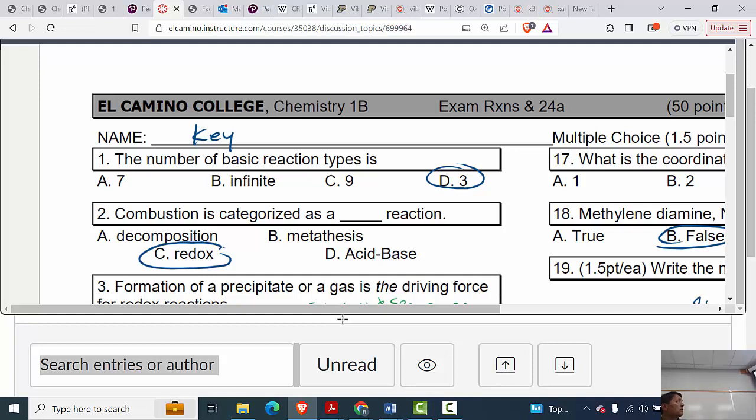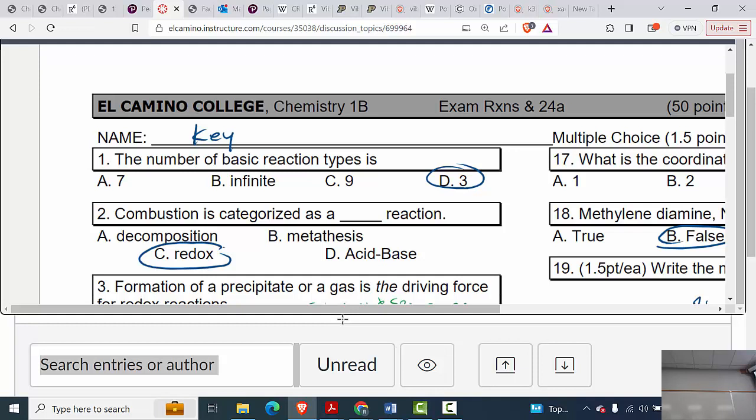All right, the number of basic reaction types is 3. What are they? Acid base. Well, Bronsted is part. Acid base actually has 2 subtypes, Bronsted and Lewis. Yeah.